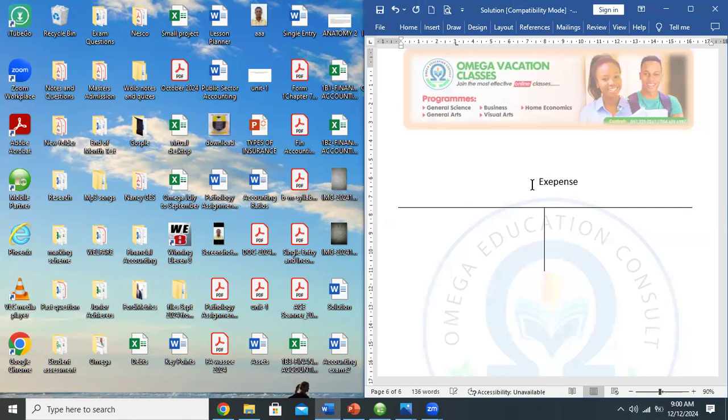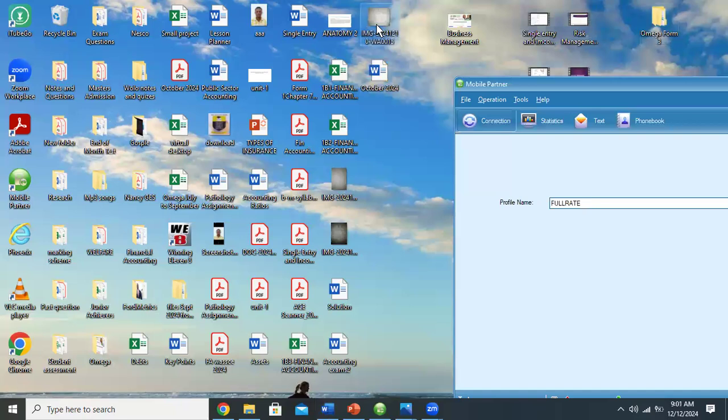Or expense creditors, as is stated in the question. So let's pick the figures. So again, we will need the opening balance, how much we paid to them during the year, and the closing balance.